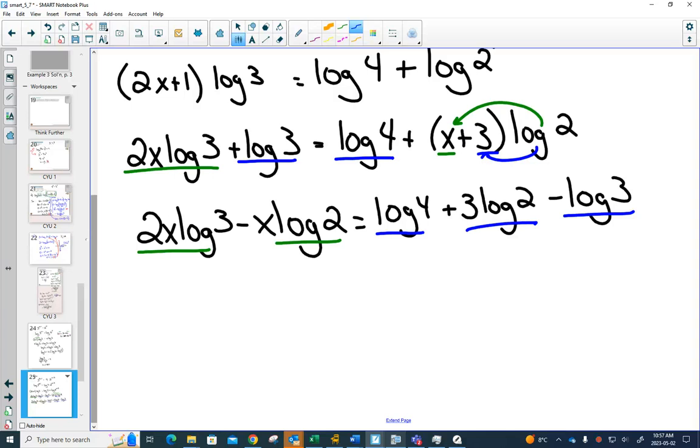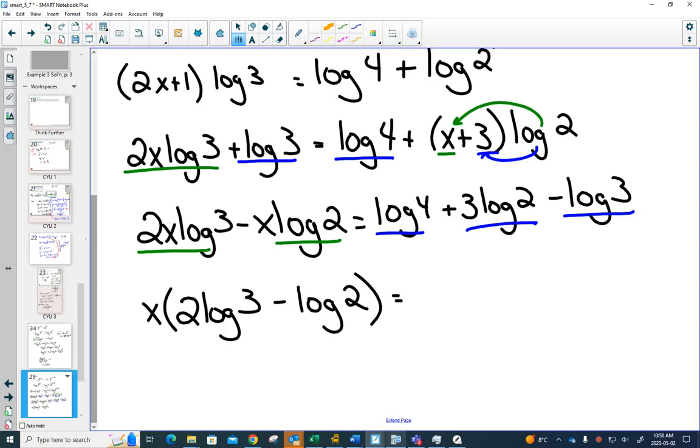Once you get your terms with x's, you can factor out your x, leaving you with 2 log 3. Okay? Common mistake here, if you take an x out, you're not left with 1x. The x is taken out, you're left with the 2 and the log 3. There's a lot of writing of the same thing over and over again.